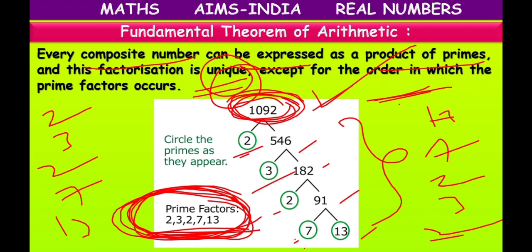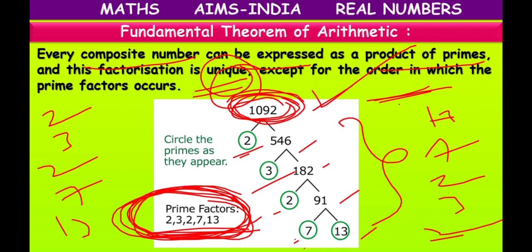According to this theorem, if we are given a composite number, that composite number can be expressed as a product of primes, like 1092 can be expressed as a product of primes by doing factorization.